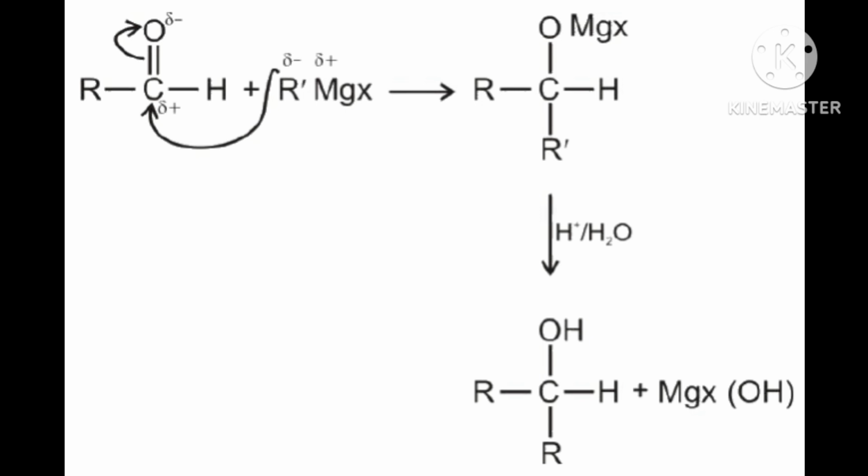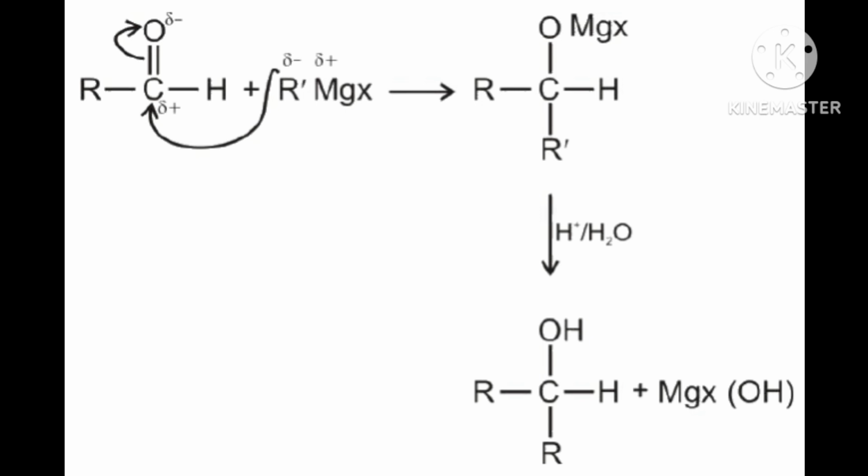Now the question I am telling you: what will be the product of catalytic reduction of butanal? Butanal means 4 carbons are there. This is the first question.